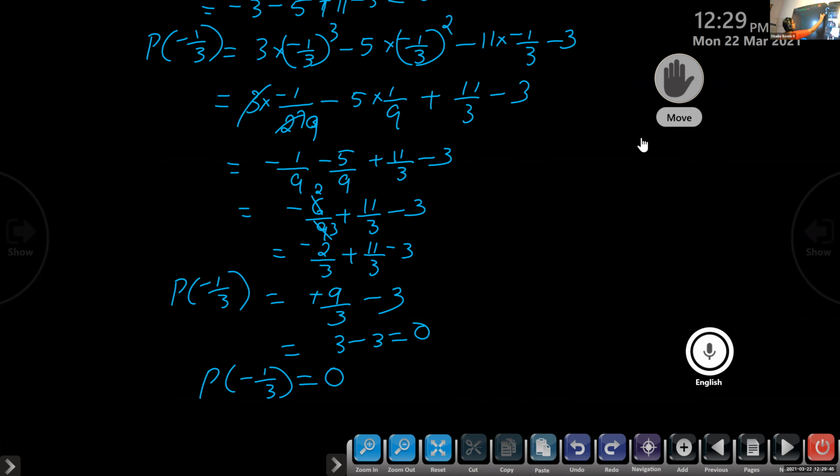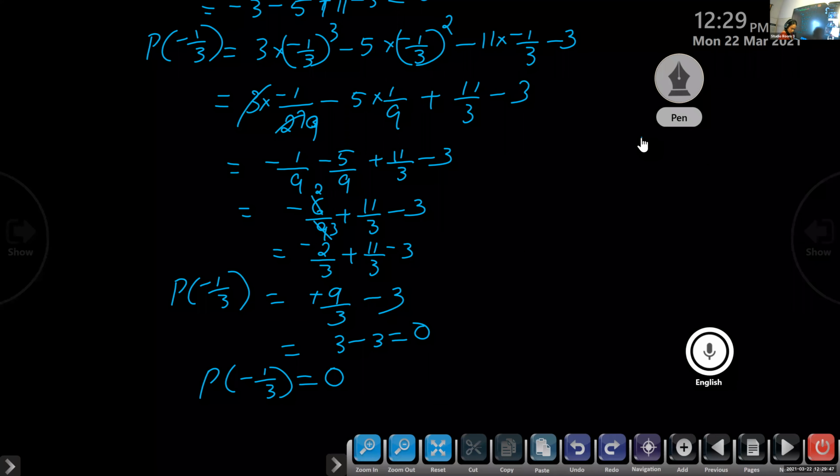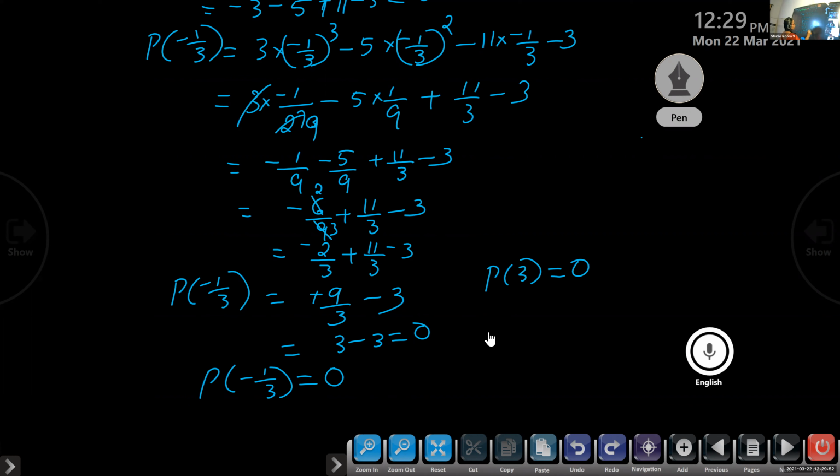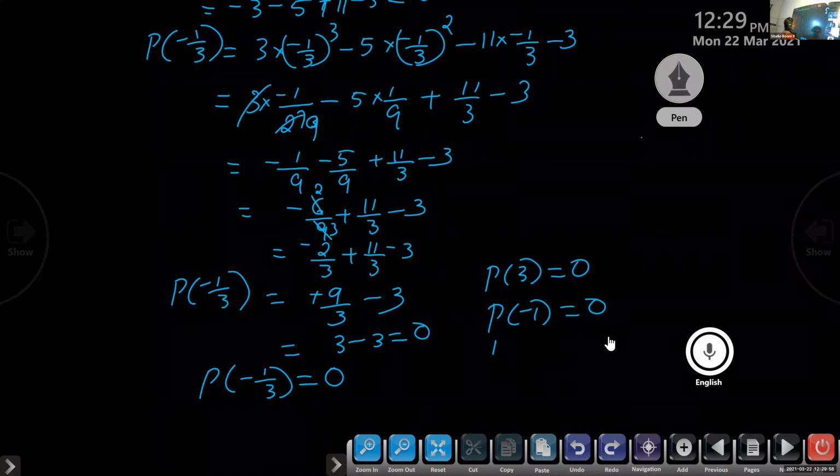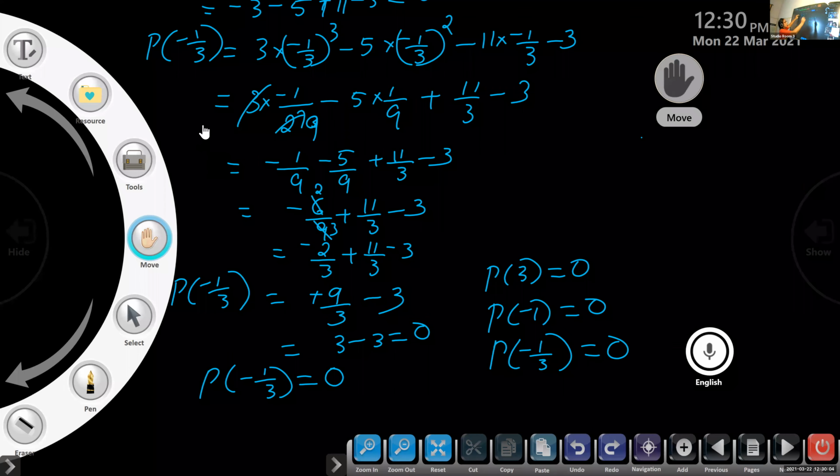So what we got? First we got P of 3 equal to 0. P of -1 equal to 0. Also we got P of -1/3 equal to 0. Therefore, these are the zeros of the given polynomial P of x.